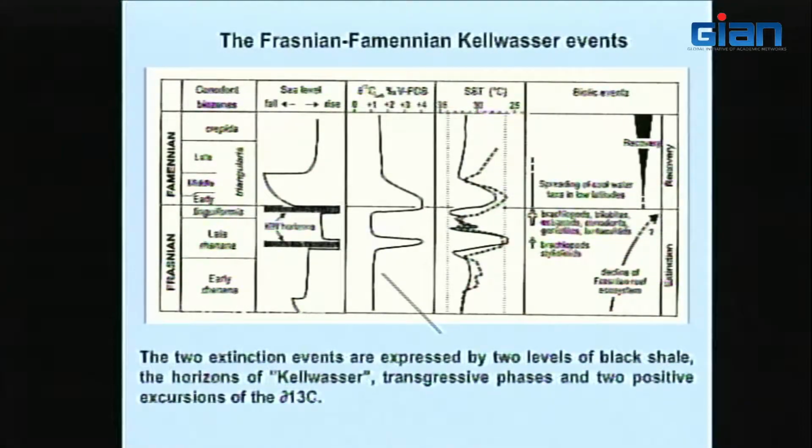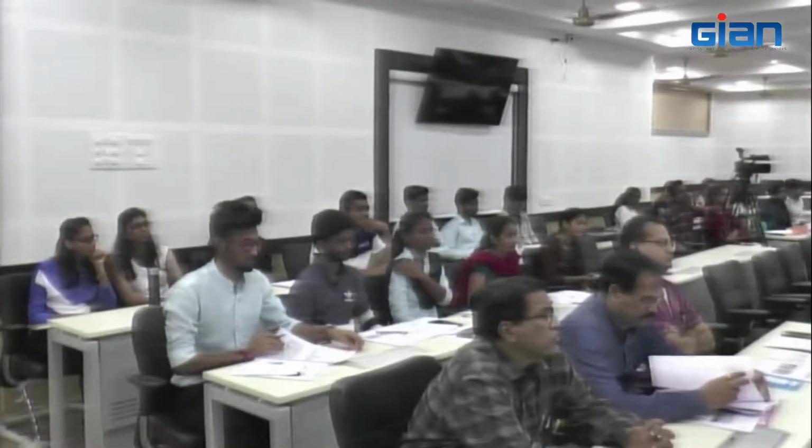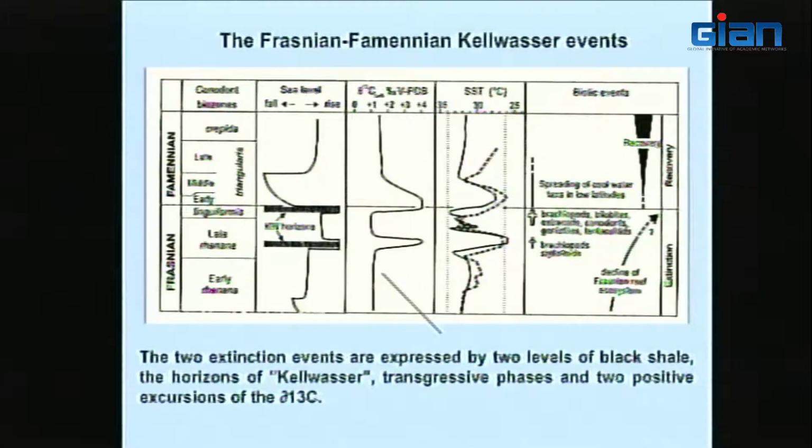If you have a huge sequestration of organic carbon, what does it mean in terms of atmospheric CO2? What will happen globally? If you have a sequestration of carbon in a black shale, you will decrease the CO2 pressure, okay? The global CO2 pressure of the ocean-atmosphere will decrease, and if you do that, what happens?